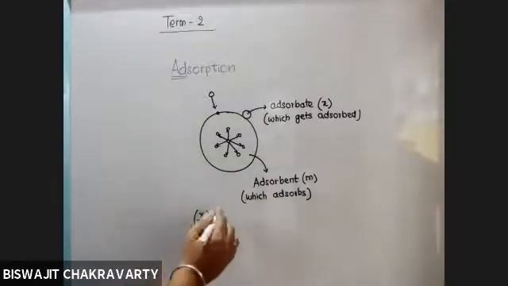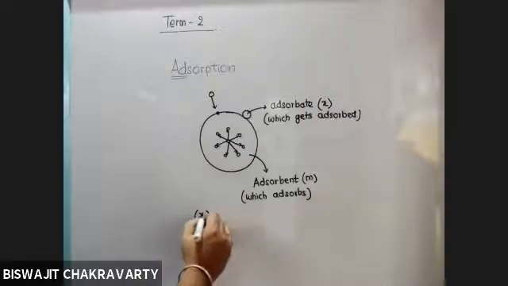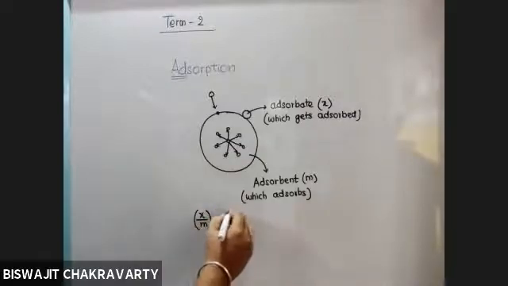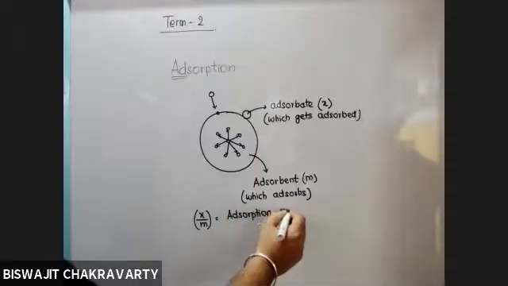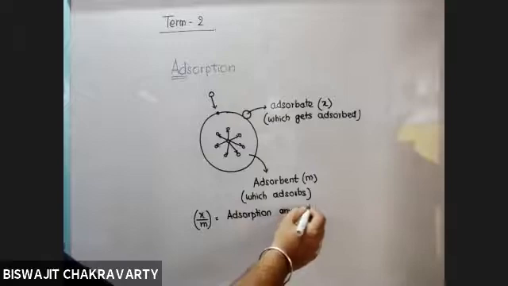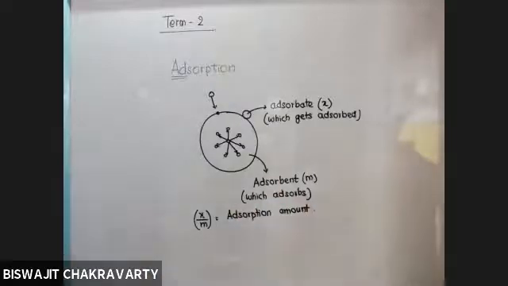So this way we can say that x by m is the ratio of adsorption occurring. Adsorption amount. Or sometimes it may also be used to specify the rate of adsorption.